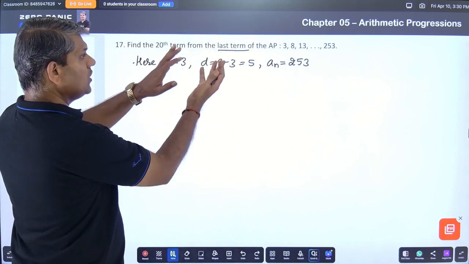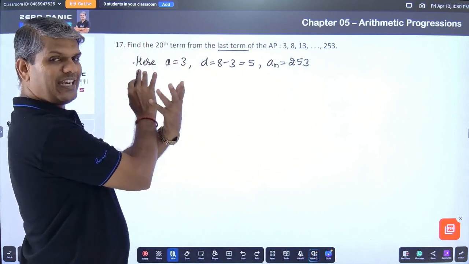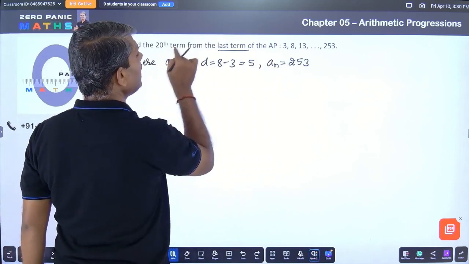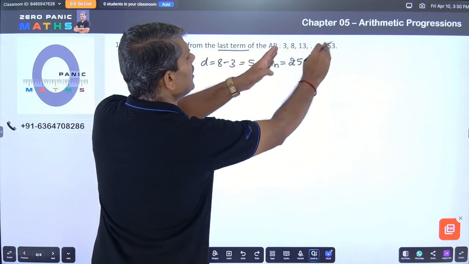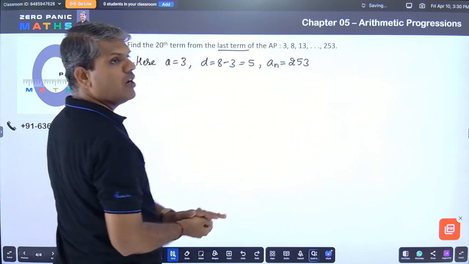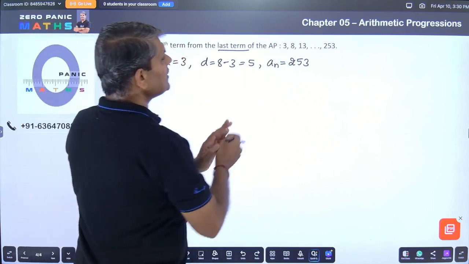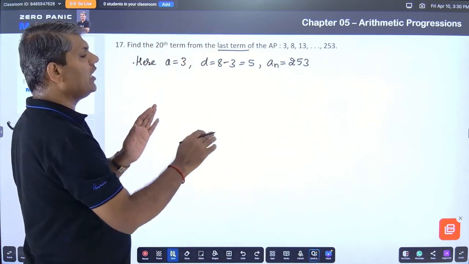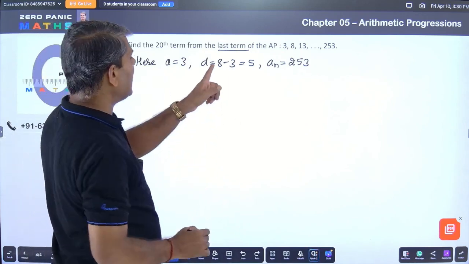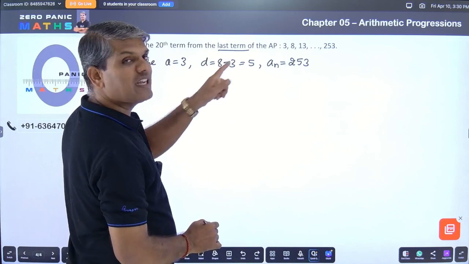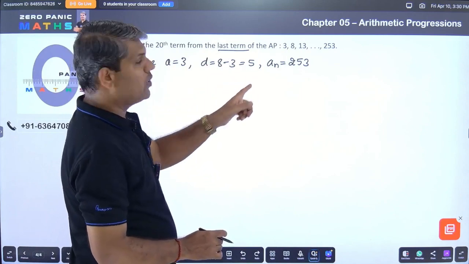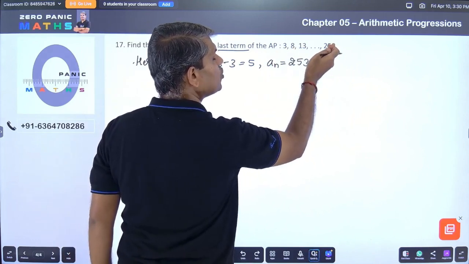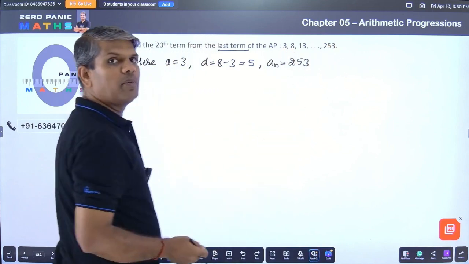If you reverse the arithmetic progression, an will become the first term and a will become the last term. Since the progression was in ascending order, it will become descending order, so D will be minus 5. It is plus 5 here because the numbers are increasing; after 253, the next number is 253 minus 5.